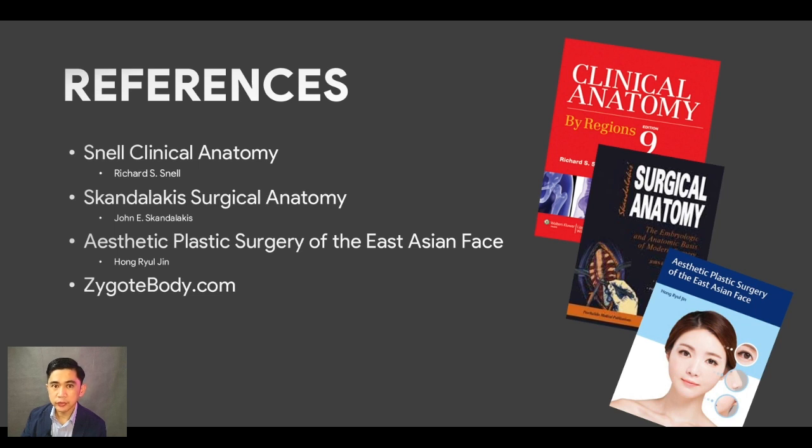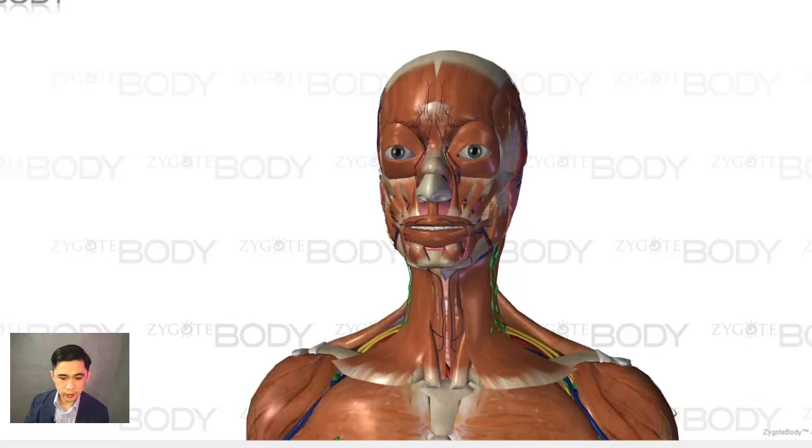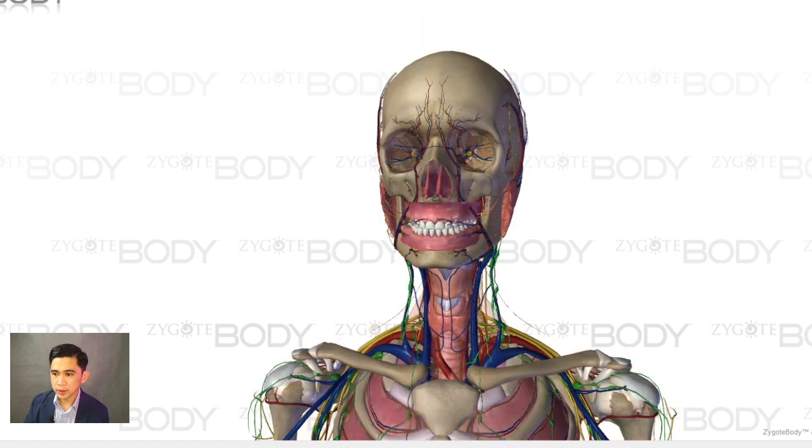It is a free online anatomical atlas which you can actually sign up for, and it's totally free. It's really good. So an example for this is this one. Okay, so you can actually go to the website and browse through the anatomy by layers.